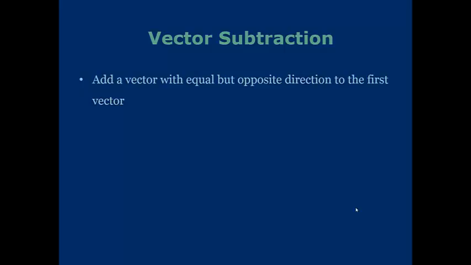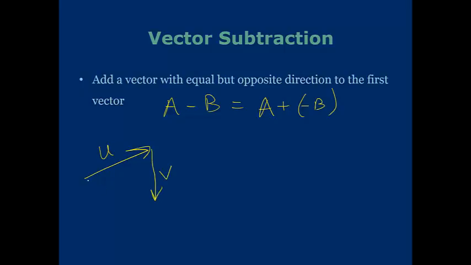We've kind of covered adding vectors together, but what if you have to subtract them? You're basically adding vectors with equal but opposite direction. So if I were to take a minus vector b, it would be the same as a plus negative b. Seems a little odd, but let's see an example. If I were to have vector u and vector v, the subtracted vector would be here.